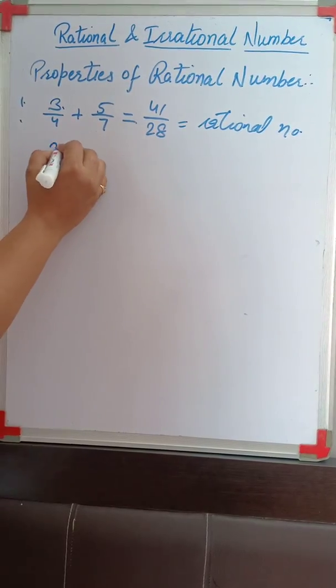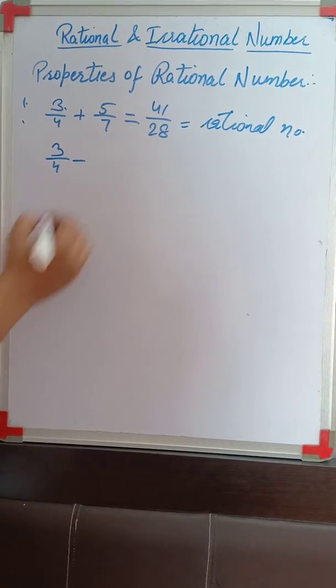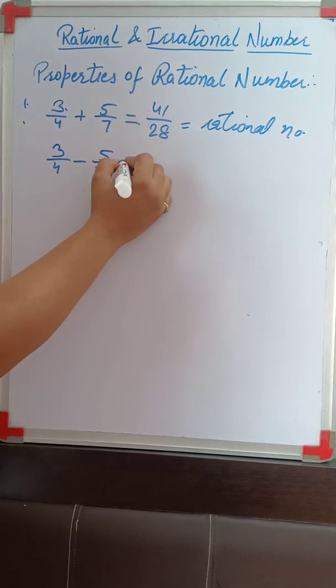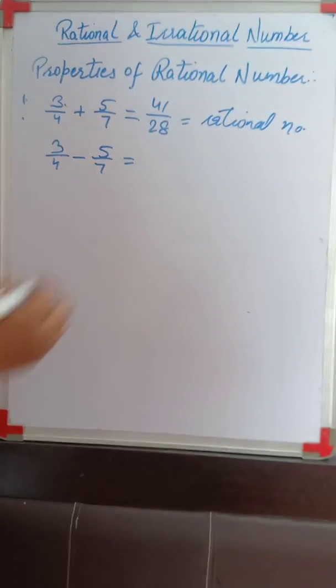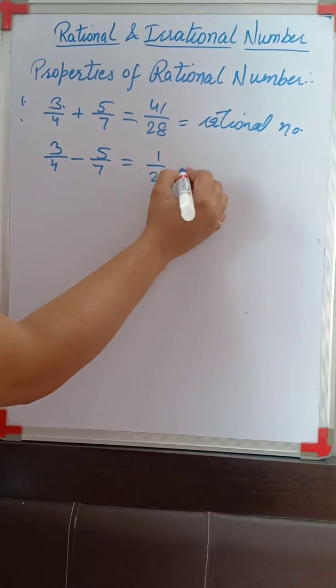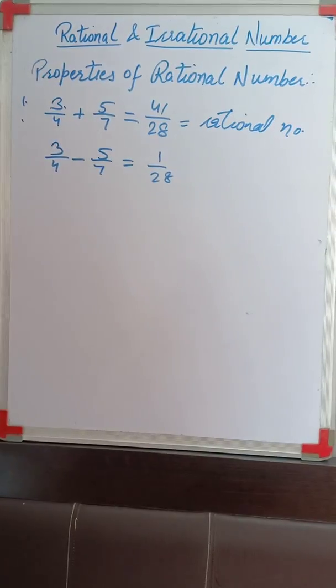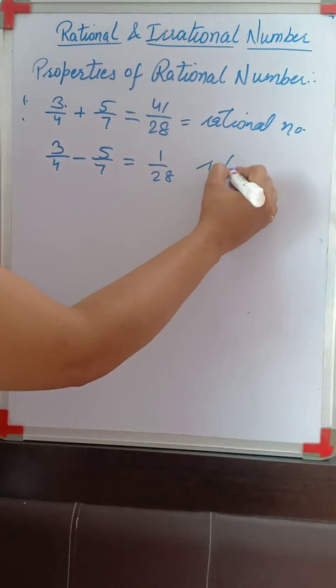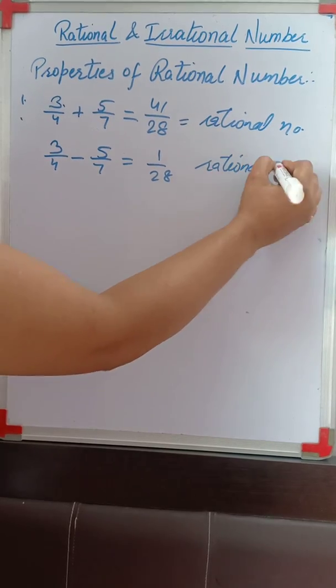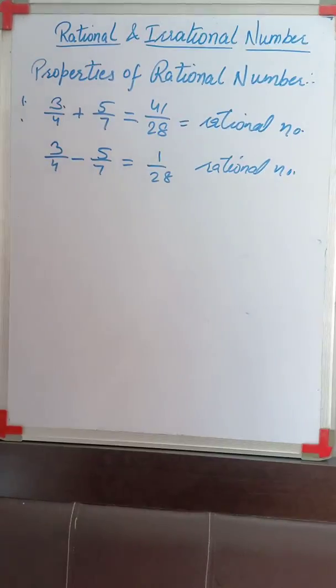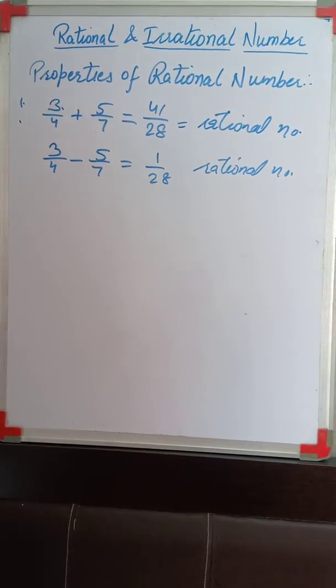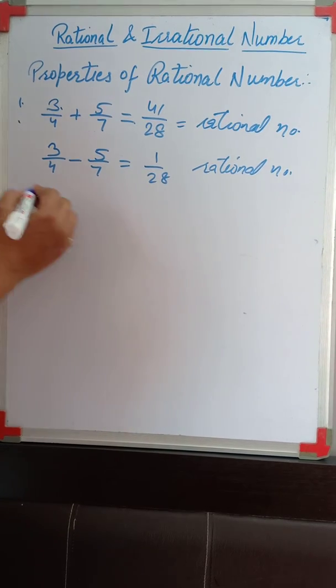Now for the subtraction, if I say 3 upon 4 minus 5 upon 7, what will be the answer? The answer will be 1 upon 28. Again, it is a rational number, right? That means whenever we subtract two rational numbers, the answer will always be a rational number.